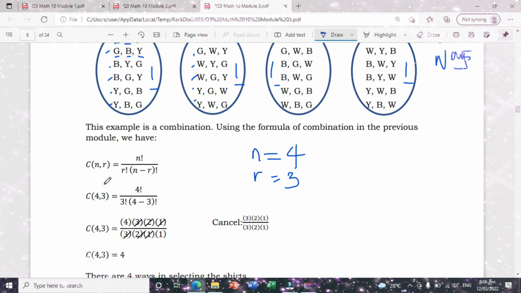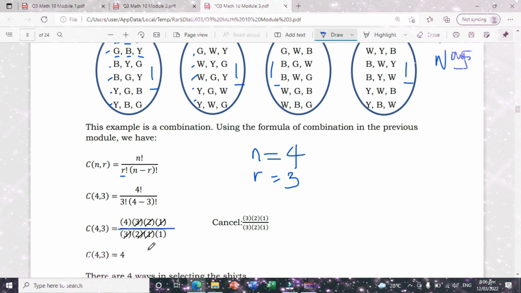So, C, 4, 3. So, C of n, r. n natin is 4 factorial over 3 factorial tapos 4 minus 3 factorial. So, 4 factorial, ito yan, 4 times 3 times 2 times 1. While 3 factorial is 3 times 2 times 1. Tapos 4 minus 3 is 1, factorial is 1.